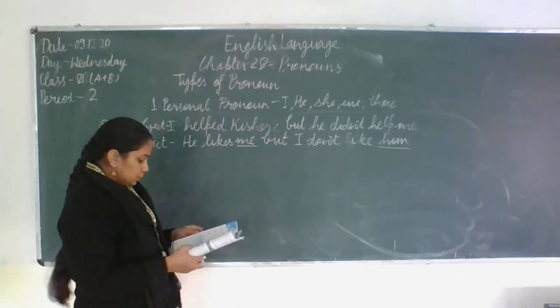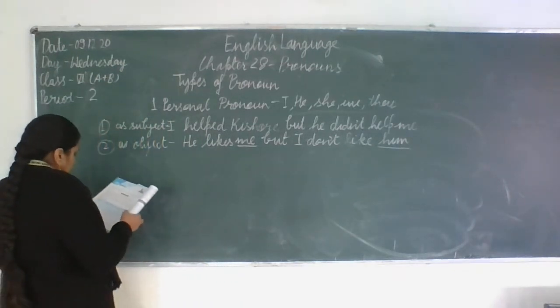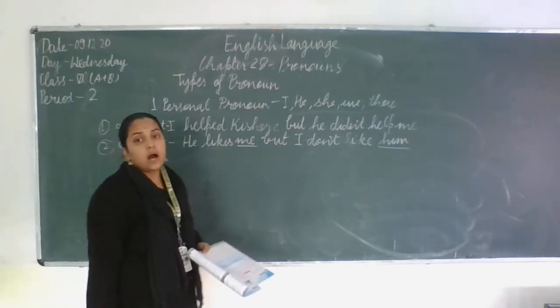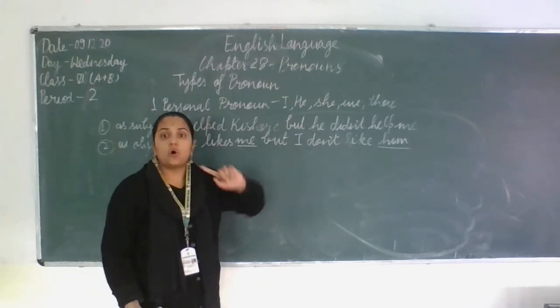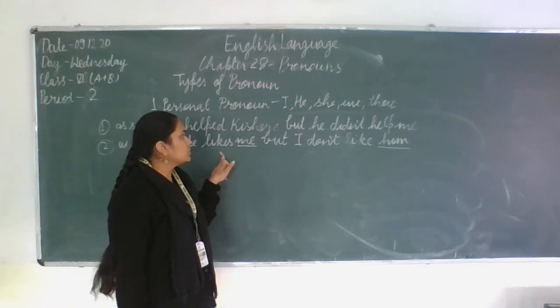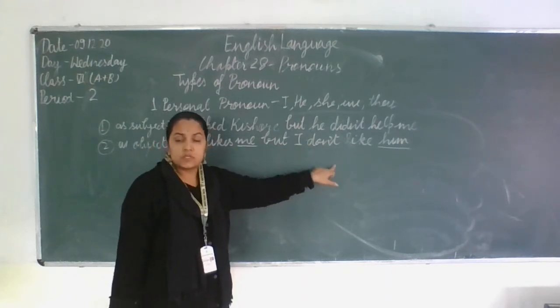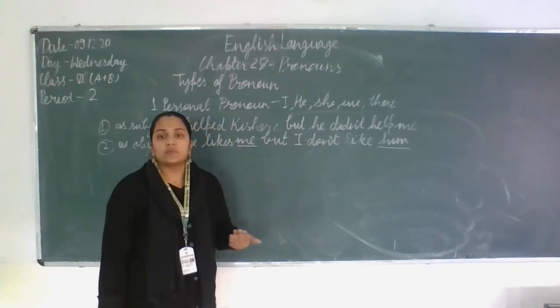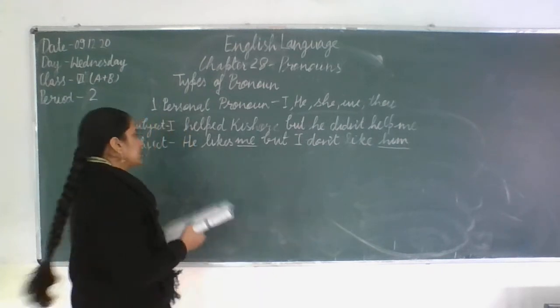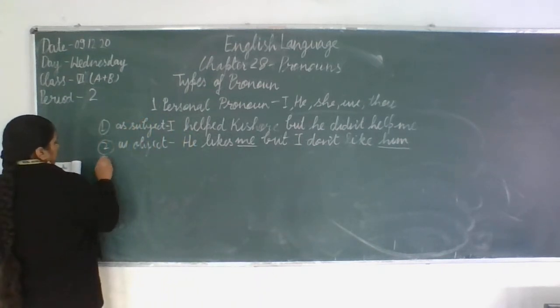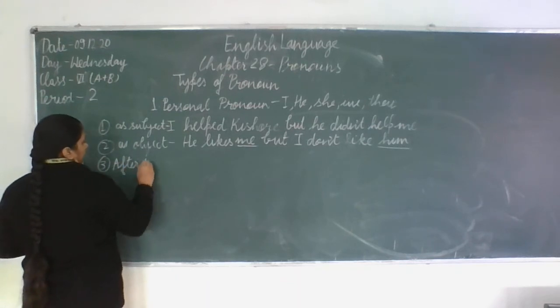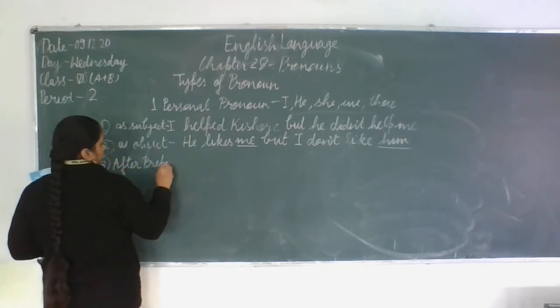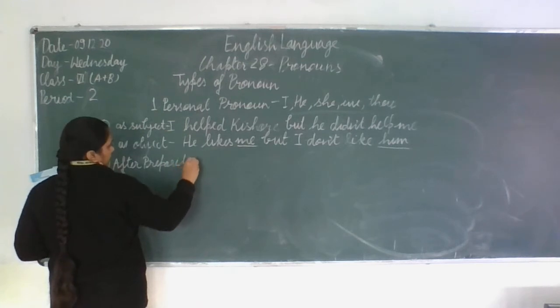How else can we use it? We also use object pronouns after prepositions. The same object pronouns can also be used here. We have used them after the verbs, and we can also use them after the prepositions. How can we use them after the prepositions?